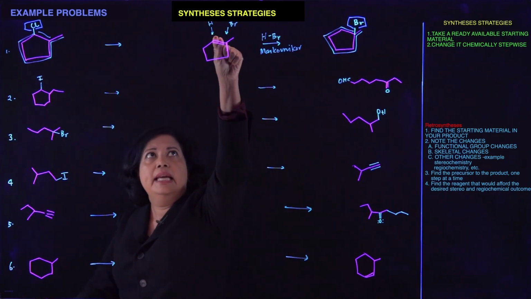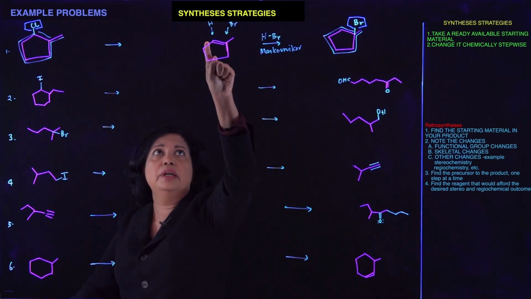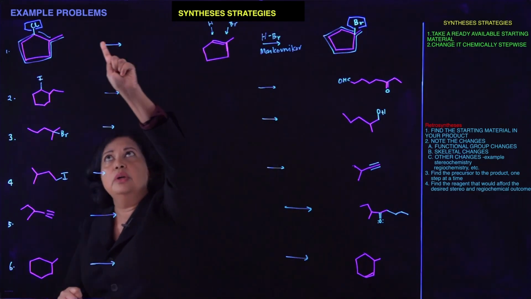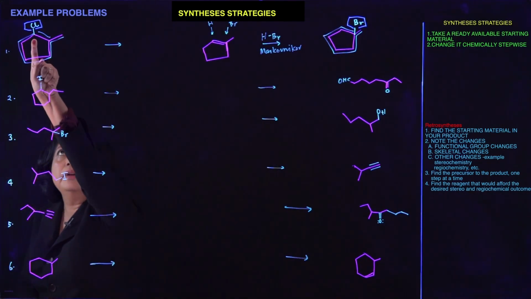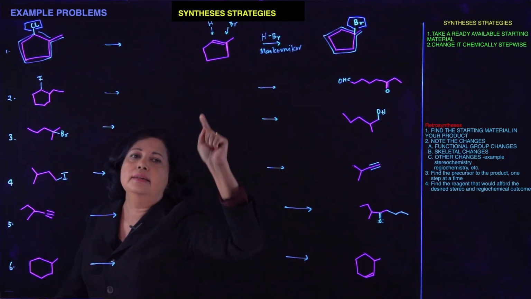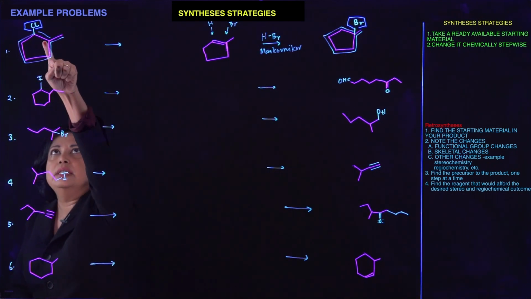Well, you could put your halide here or here. Those are the only two choices. If you put your halide here, here, or here, you wouldn't get a double bond there, obviously, right? So of these, you already have a starting material with a chloride here. You want to do the most substituted alkene. Easy. So that's going to be just a Zaitsev.